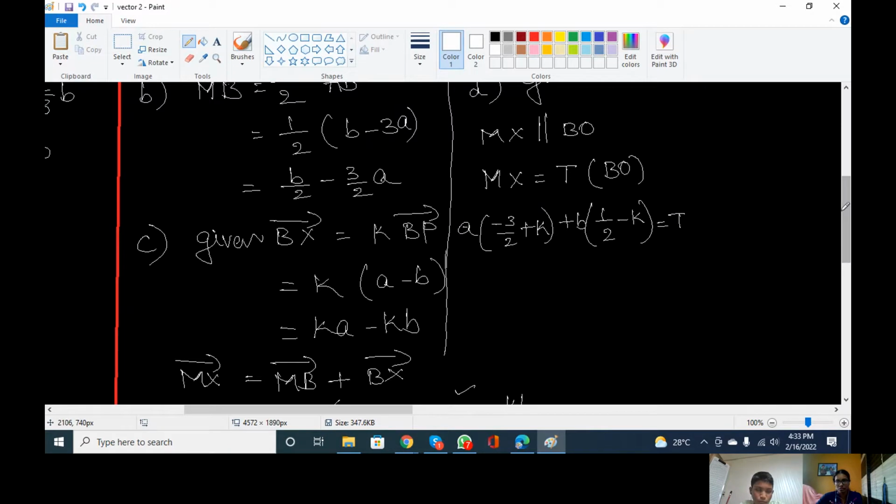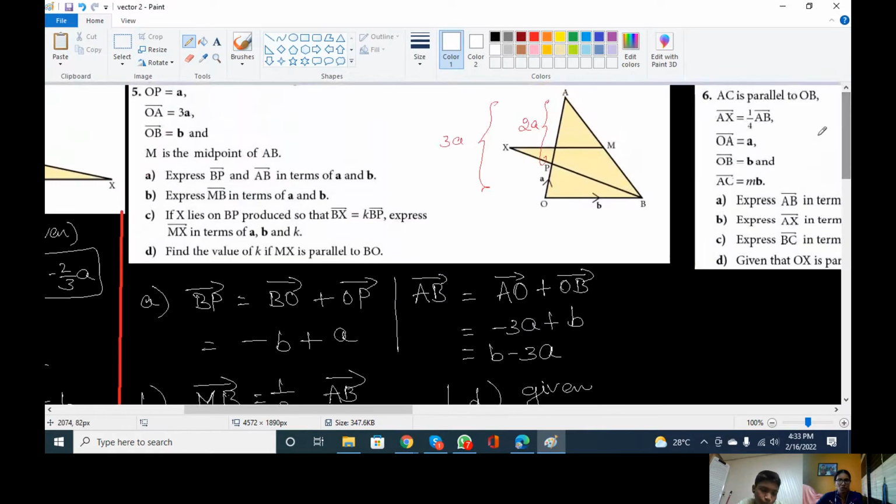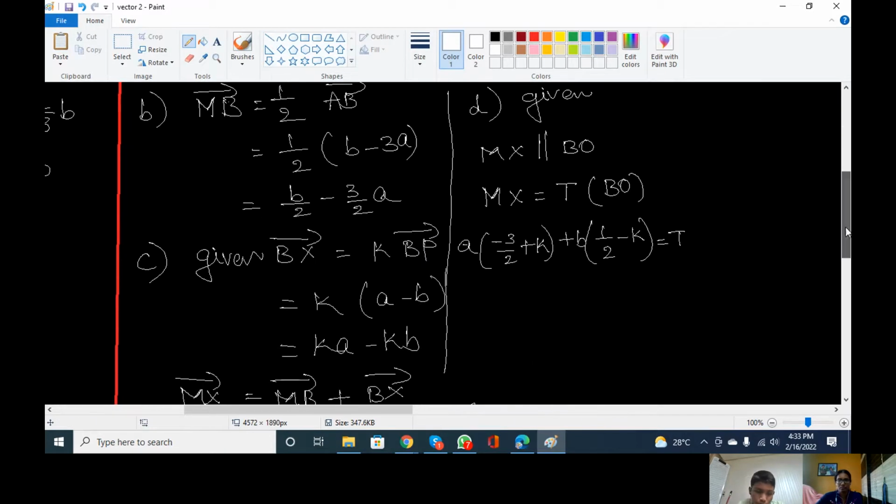What is BO? BO is negative b. So MX I have written, t, and BO is negative b. So a times of negative 3 by 2 plus k plus b times of 1 by 2 minus k is equal to minus tb.